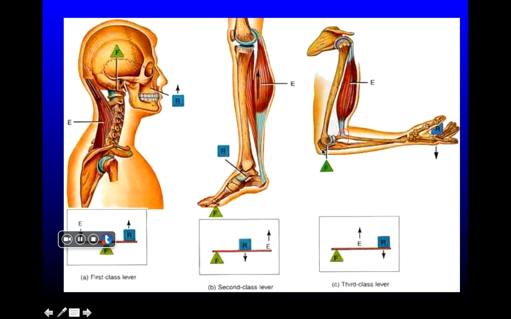Probably not in the context of the human body, but the human body is made up of 3 types of levers. Levers are just arrangements of 3 things: a resistance, the thing that you're trying to move; a fulcrum, a point in which the resistance pivots; and then an energy source, a source that will provide the force.